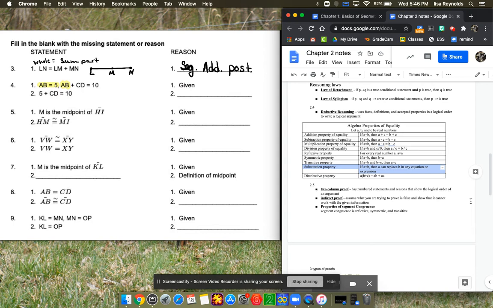So if we look, I have the AB, and I am replacing that with 5. So I'm taking my AB from my calculation, and I am replacing that with 5. So whenever I replace a part of a calculation, this is substitution.